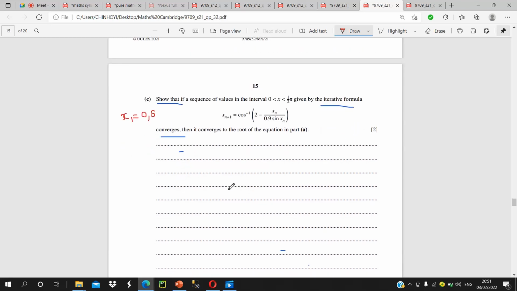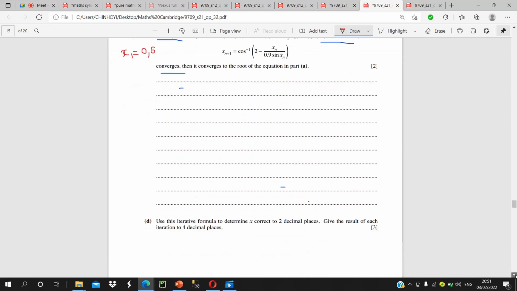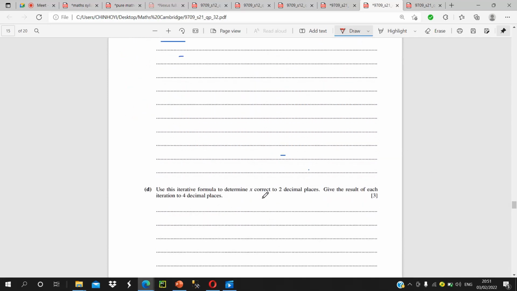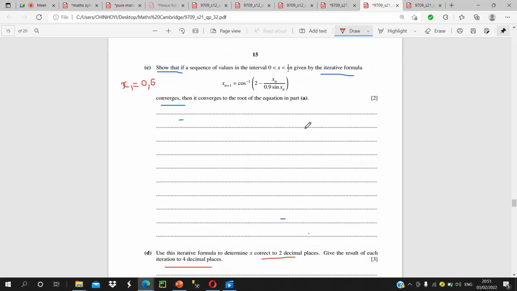So let's go and find that root. It's to 2 decimal places, but each iteration we are going to give it to 4 decimal places. So let's substitute. If you want to find x2, the second approximation, you are going to say it's arccos.